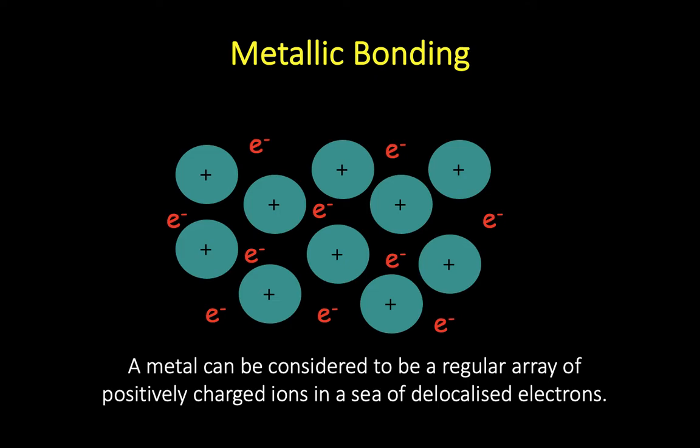So a metal then can be considered to be a regular array of positively charged ions in a sea of delocalized electrons. We like to call the delocalized electrons a sea because they flow around and through the positive ions, and that flow is what allows the metal to conduct electricity.